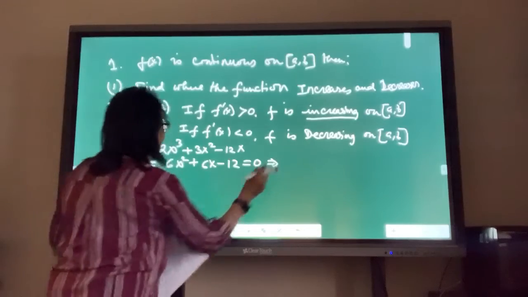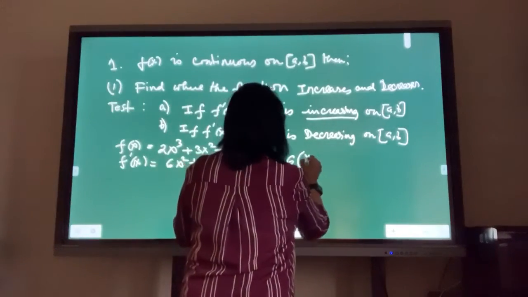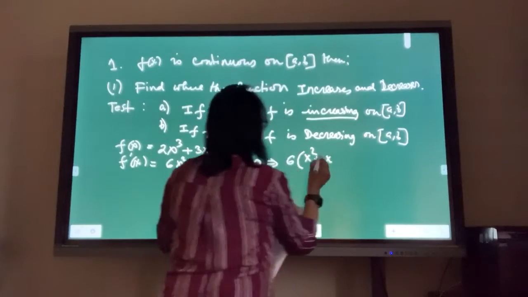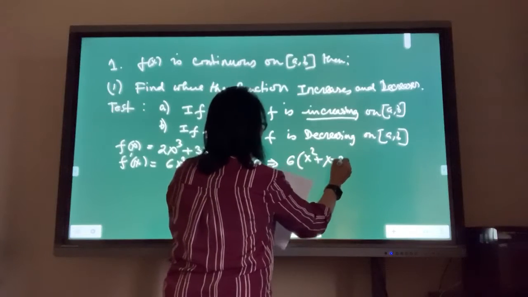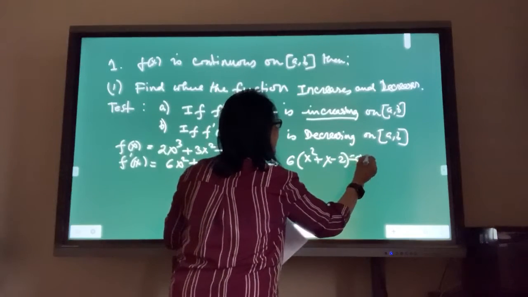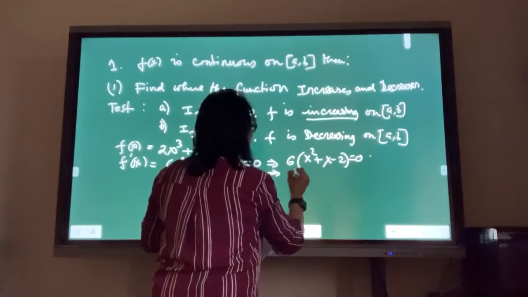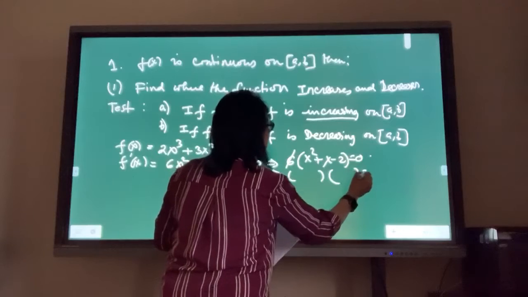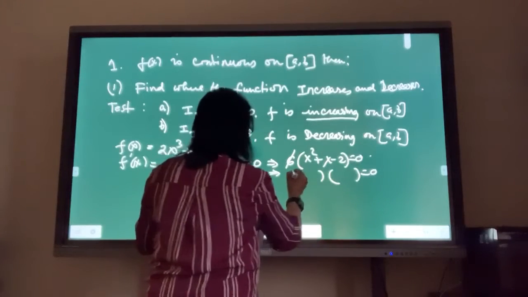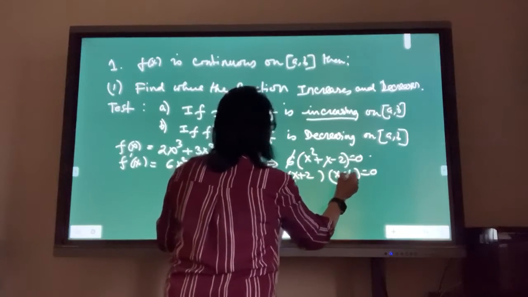So from here, we can factor it and simplify further. So it's going to be factoring 6 out. It will be x squared plus x minus 2 equal to 0. Take this 6 out of the way. So these are the two factors now, which will be x plus 2 and x minus 1.